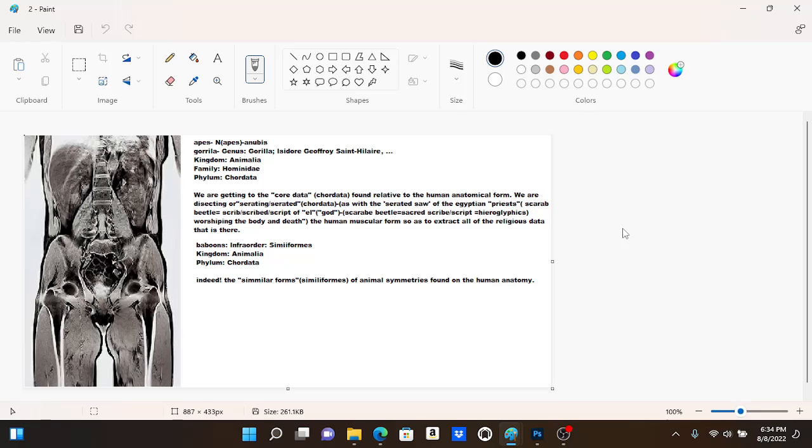But here I show an image, an MRI of the human body. My cursor, if you can see it in the center, is going over to this form. This is the human anatomy, MRI. And of course, just in this area, there's the rabbit, the worshiping of the rabbit.